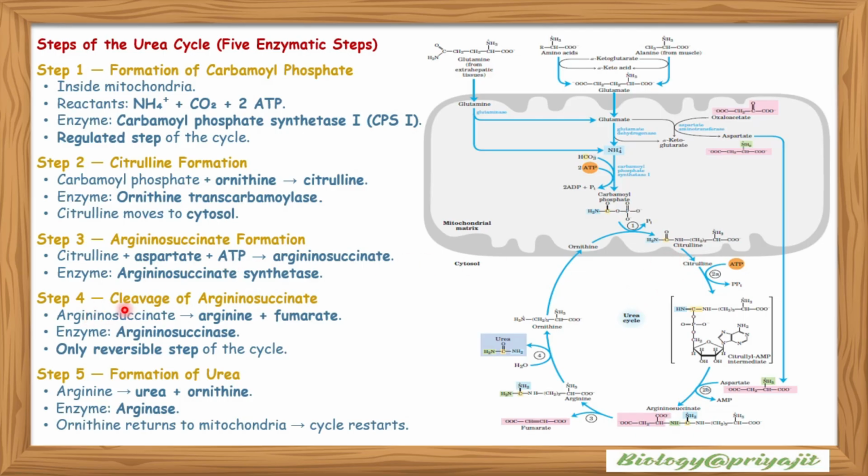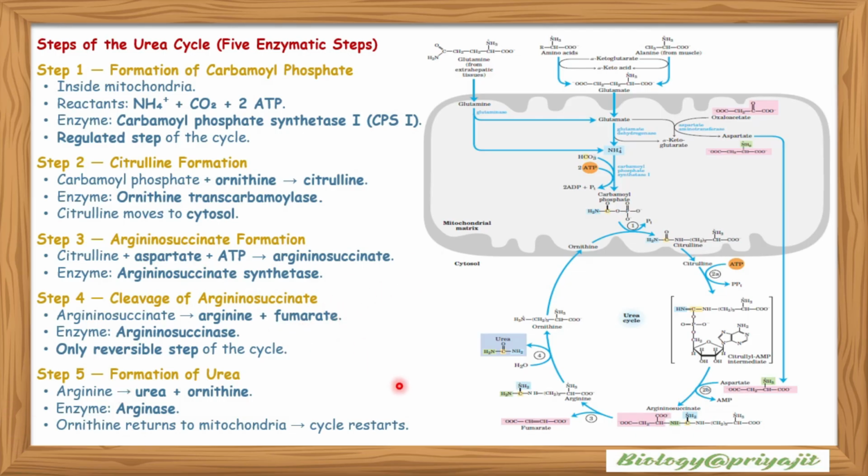The enzyme argininosuccinate synthetase acts on citrulline and adds aspartate and ATP to form argininosuccinate. Then argininosuccinate is cleaved by the enzyme argininosuccinase to form arginine and fumarate, and it is the only reversible step of the cycle.